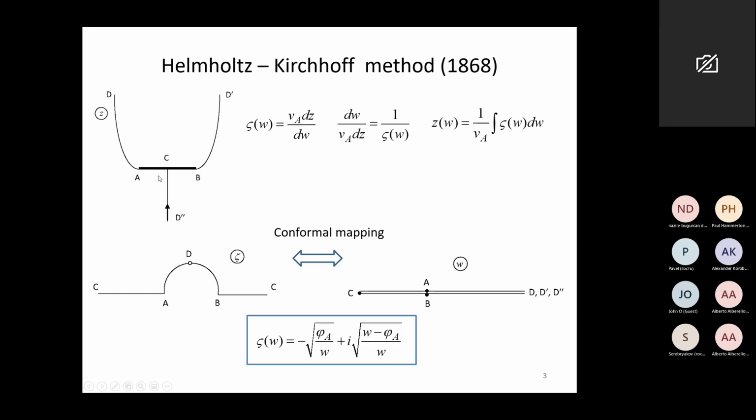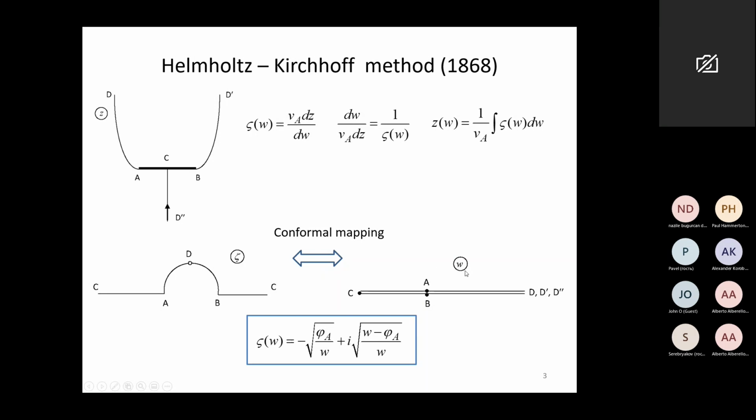Just considering how velocity changes along the boundary, we can draw the shape of the region of function zeta. The complex potential is quite easy. It is, for example, 0 at point C, the stagnation point, and then potential phi increases along the boundary plate to B and further along the free streamline.